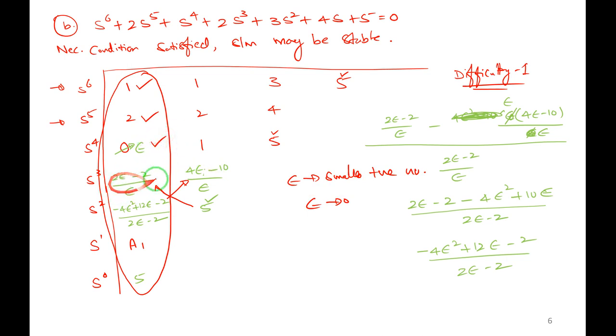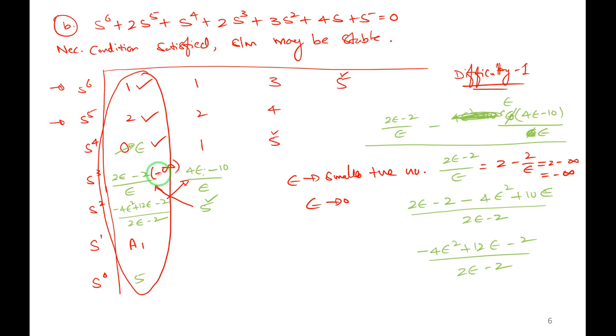Let me check whether this next one is positive or not. 2 epsilon minus 2 by epsilon, epsilon will get cancelled, so 2 minus 2 by epsilon. Substitute epsilon equal to 0: 2 minus 2 by 0. Anything divided by 0 is infinity. 2 minus infinity means minus infinity. So this one I am getting minus infinity.